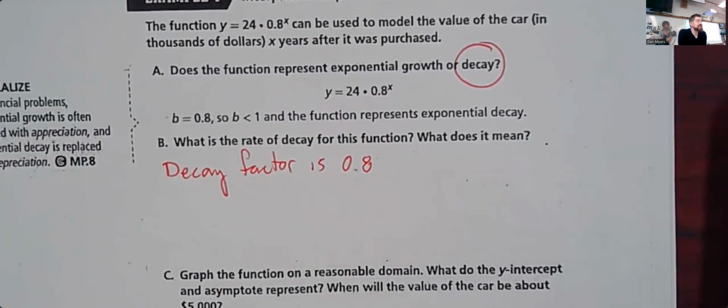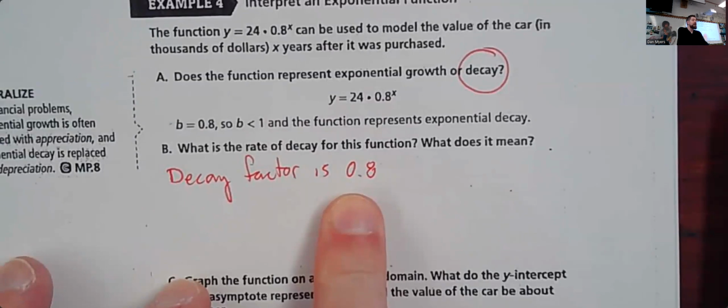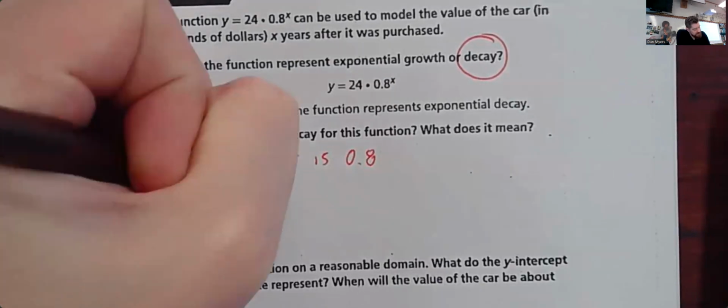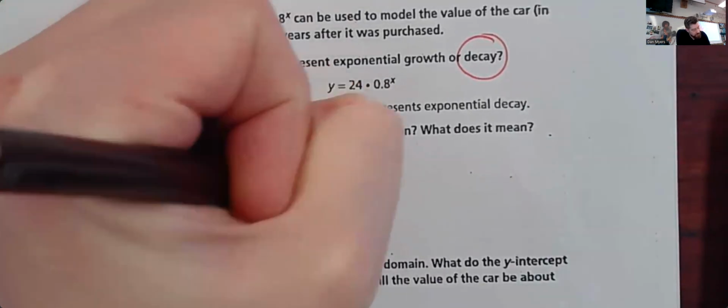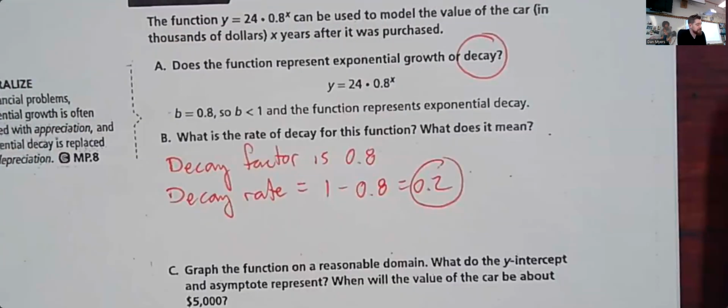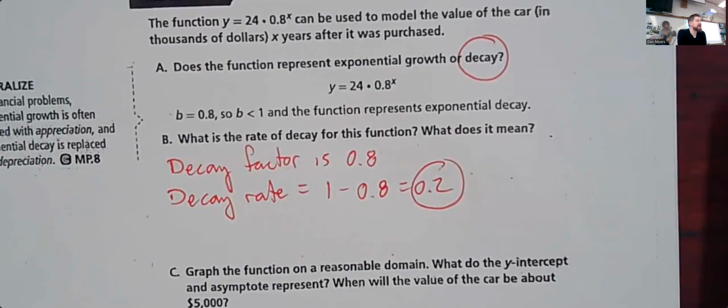What is the decay rate? What's that? That's the decay factor. 0.2, yeah. The decay rate is whatever gets this number equal to 1, which is 0.2. So decay rate equals 1 minus 0.8, which equals 0.2. So the decay rate is 0.2. What does that mean?